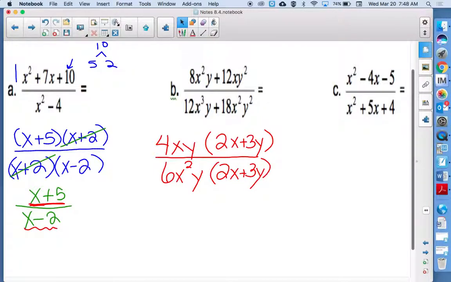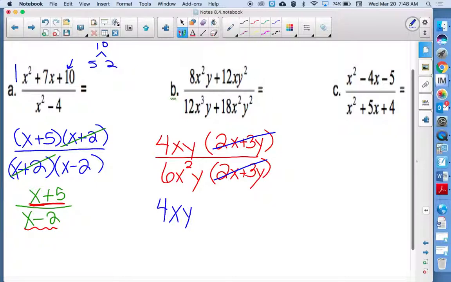So first step is to factor, break it down. And then when you look to see what you have left, if there's a quantity that is exactly the same, then you can cancel it. And look here, we've got that 2x plus 3y. So now we have 4xy divided by 6xy squared.